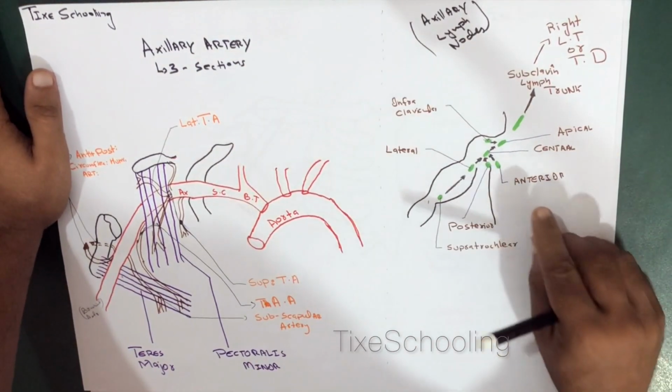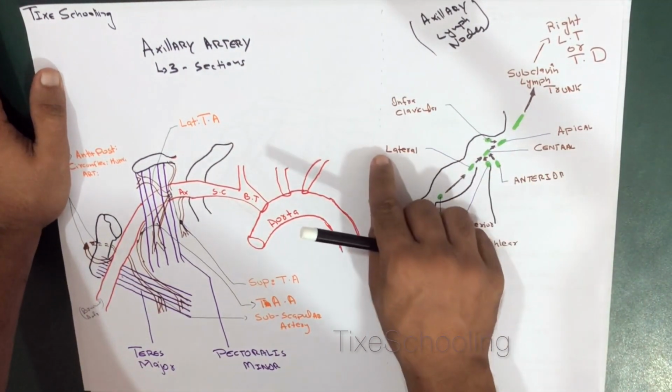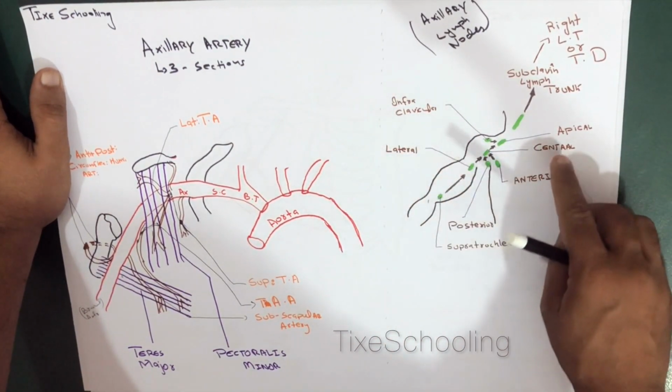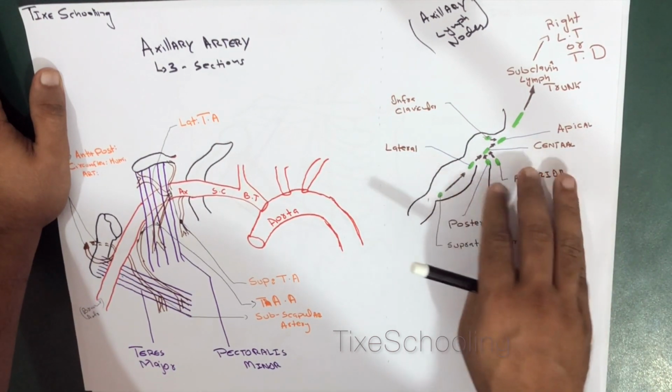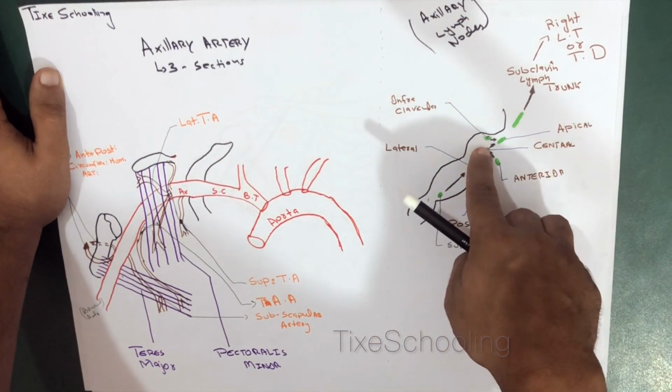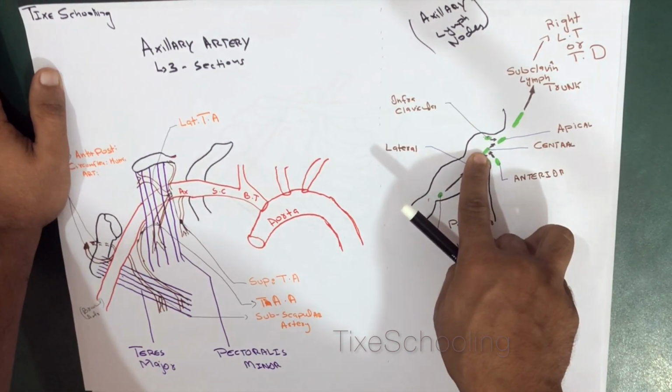So remember this one: the anterior group, the lateral group and the posterior group all together are going to drain into the central group.